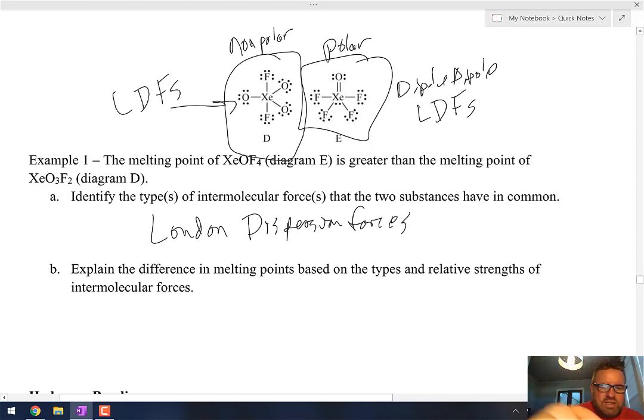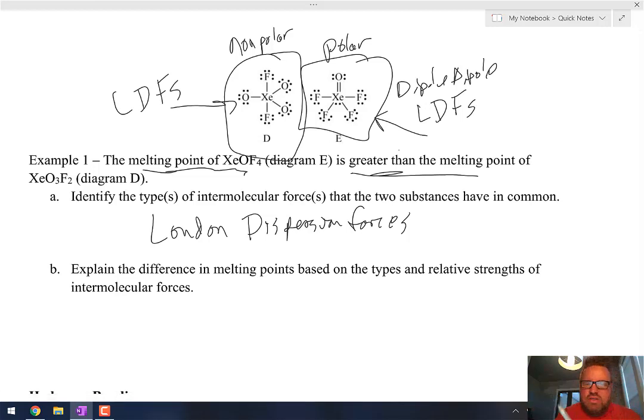Then they say explain the difference in the melting points based on the types and relative strengths of intermolecular forces. They tell you that the melting point of XeOF4, this one here, is greater than the melting point of XeO3F2. So they're telling you the answer, they just want you to explain why.